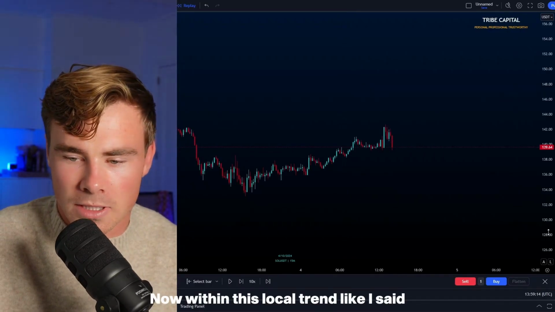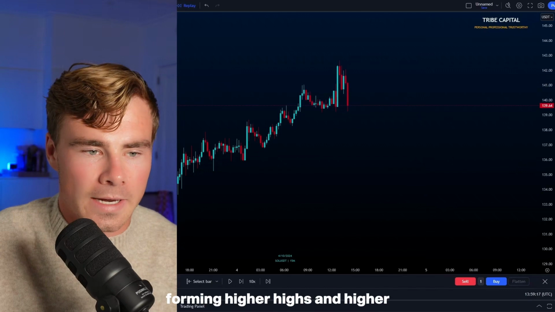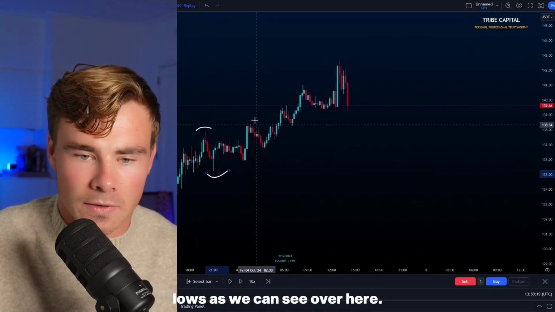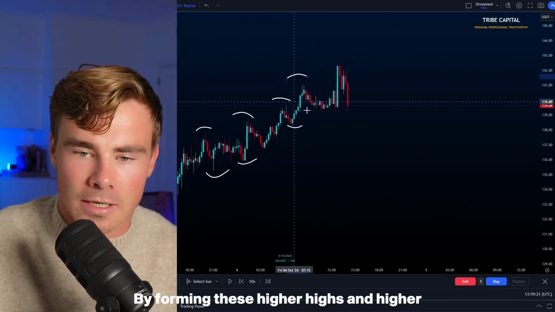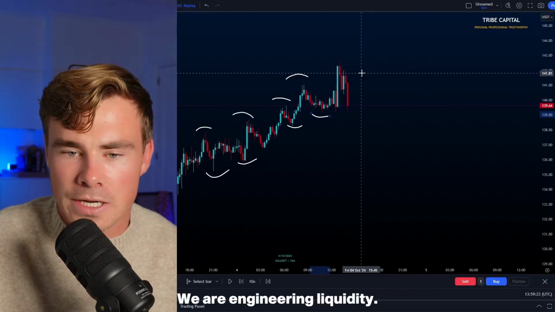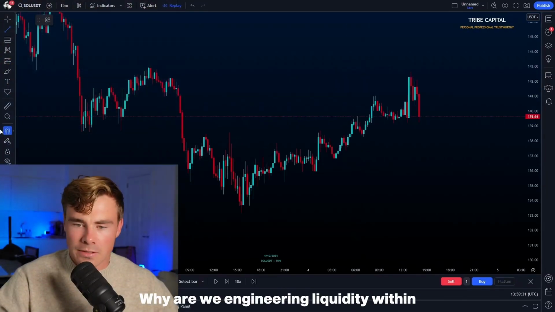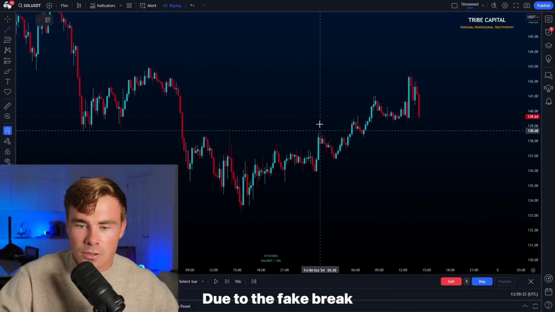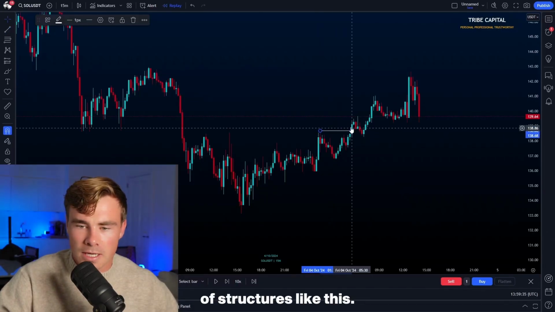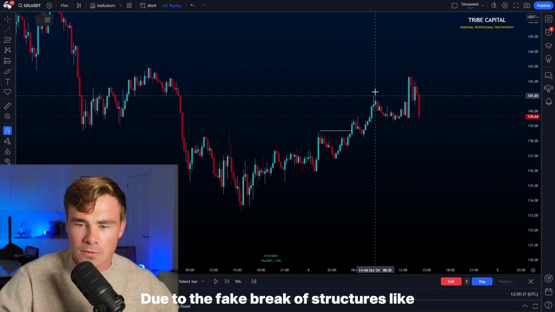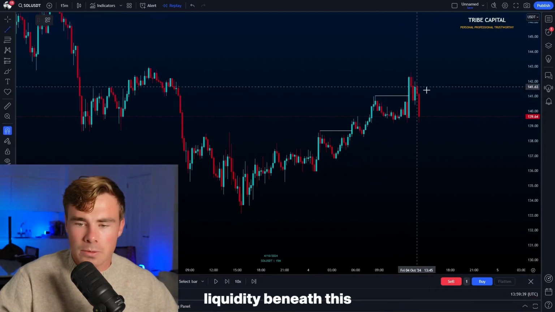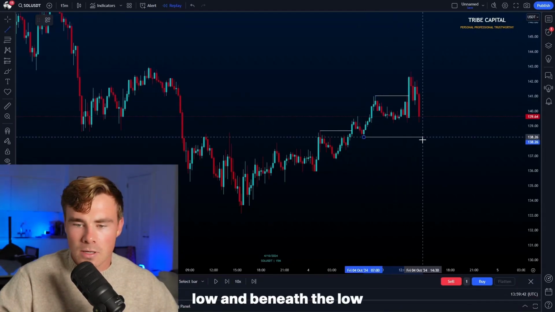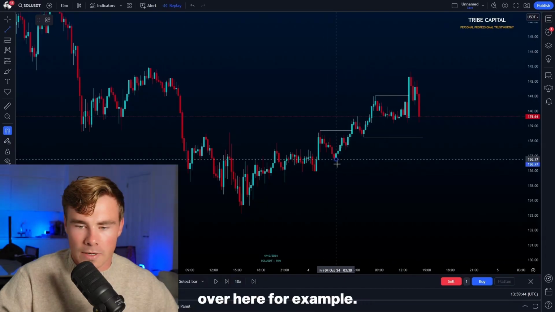Now within this local trend, like I said, we are constantly forming higher highs and higher lows, as we can see over here. By forming these higher highs and higher lows, what are we doing? We are engineering liquidity. Why are we engineering liquidity within this local uptrend? Due to the fake break of structures like this, we are engineering liquidity beneath this low and beneath the low over here, for example.